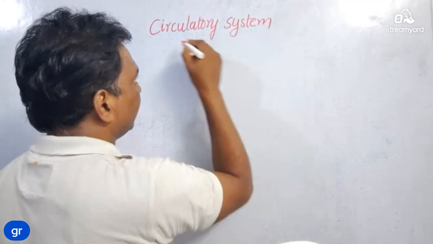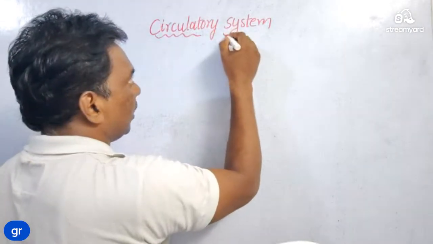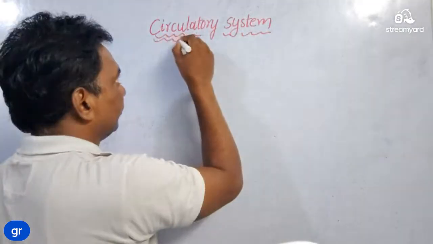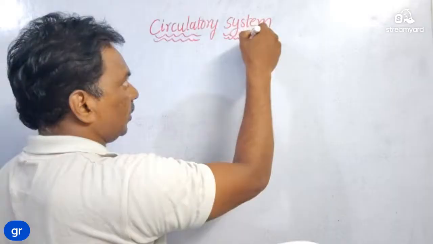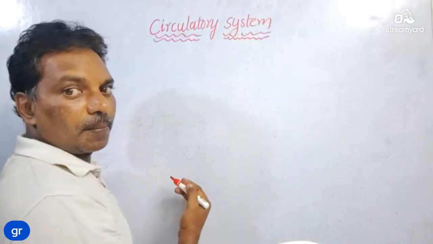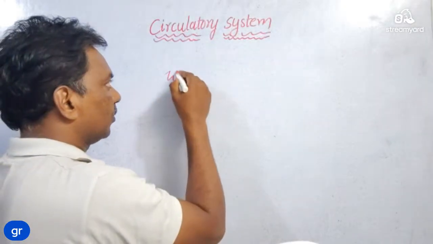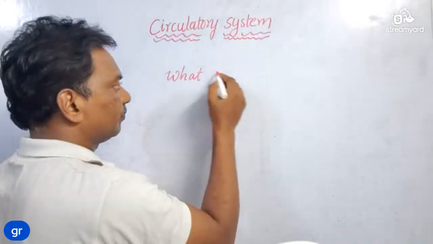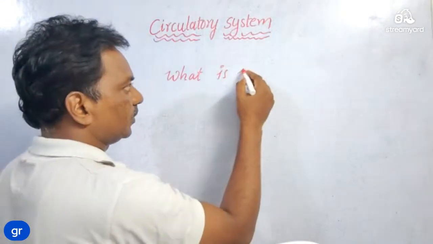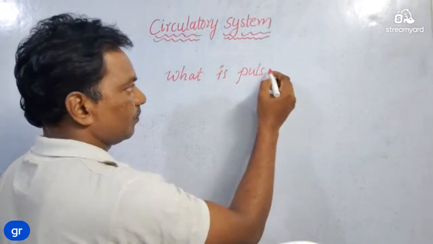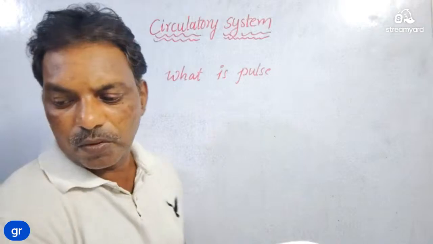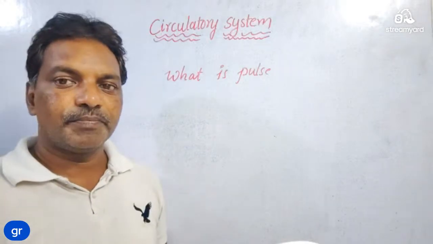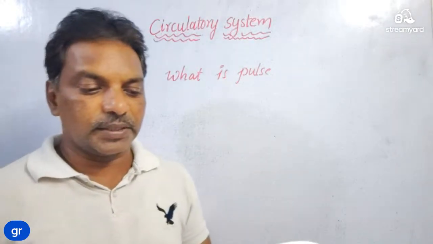Circulatory system is in red color, I am using a red color marker. What is pulse? Here about pulse we are going to discuss first.